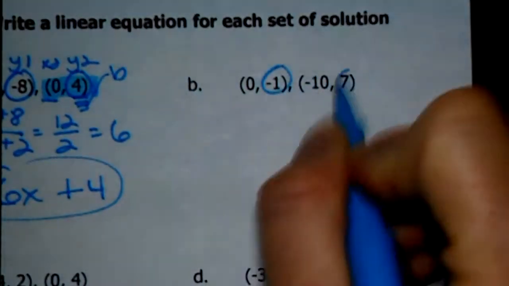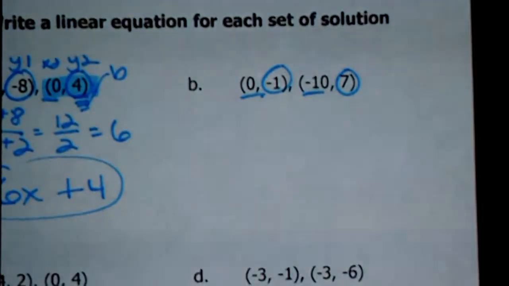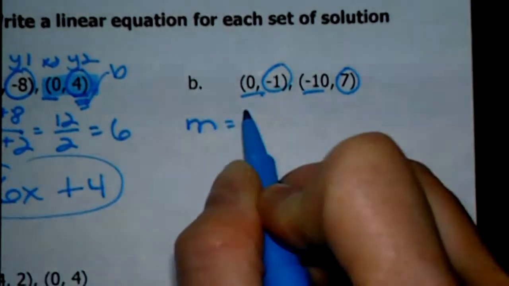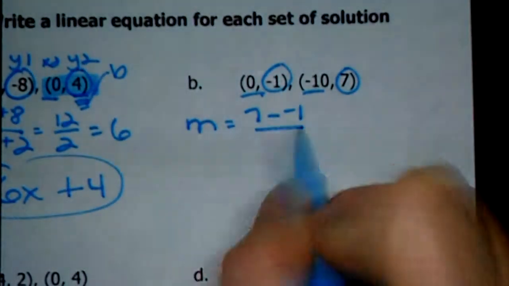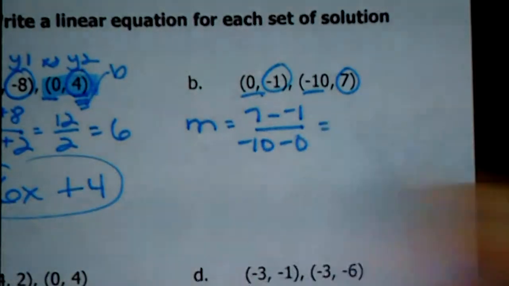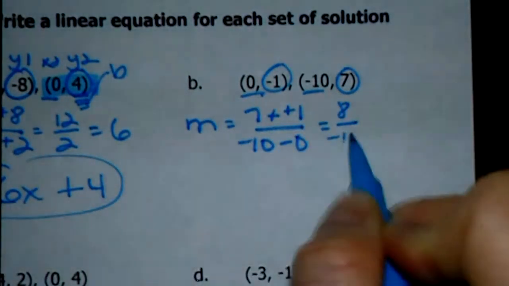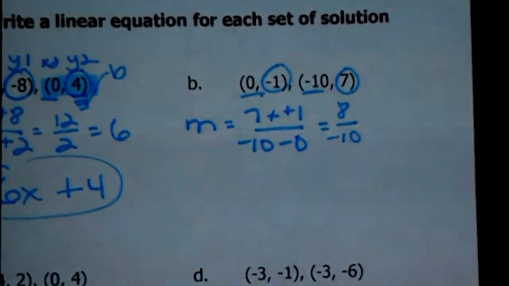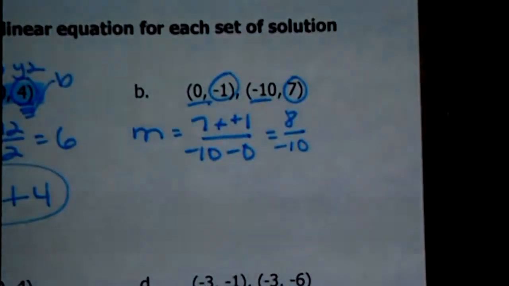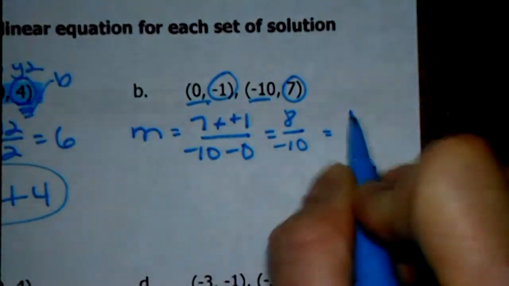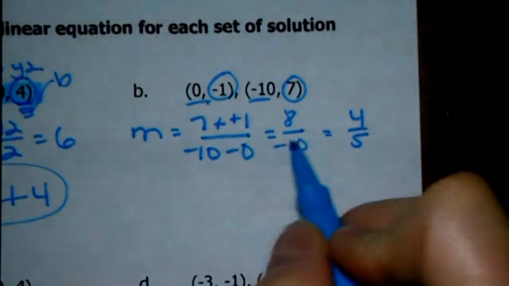I'm going to circle my y's and underline my x's. That's how I usually do it. And the slope is equal to y2 minus y1 over x2 minus x1. So keep, change, change. I get 8 over negative 10. Now 8 tenths can be simplified, right? 2 goes into both of those, and it would become 4 fifths. And this negative was in the bottom.